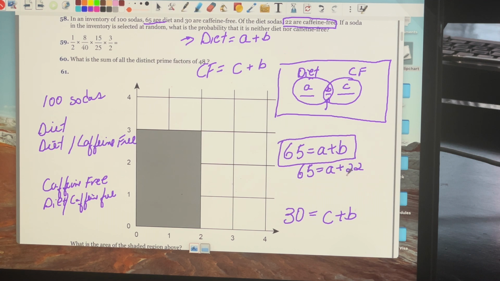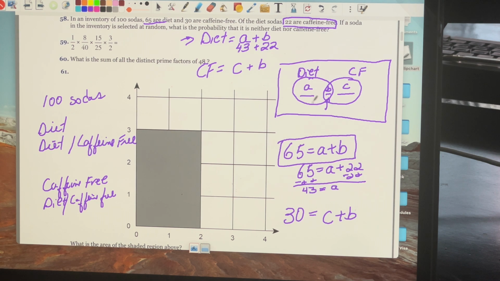So if I subtract 22, I get that A is 43. So I have in the diet circle 43 sodas are diet only, and then B, which is the sodas in the intersection, are how many? 22. These 22 are diet and caffeine free. They're still diet, so they have to be in the diet circle.